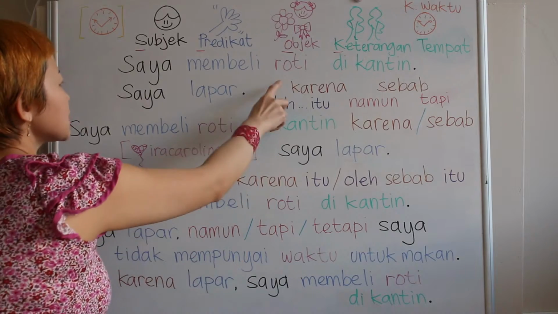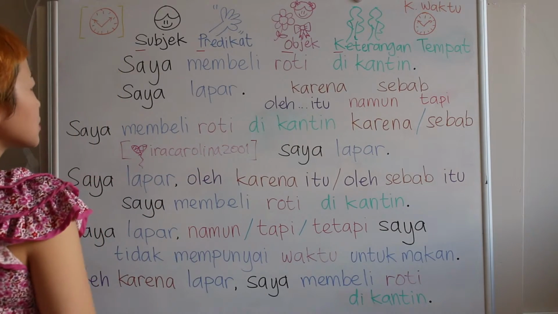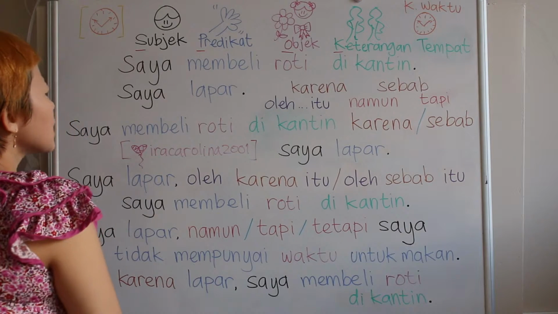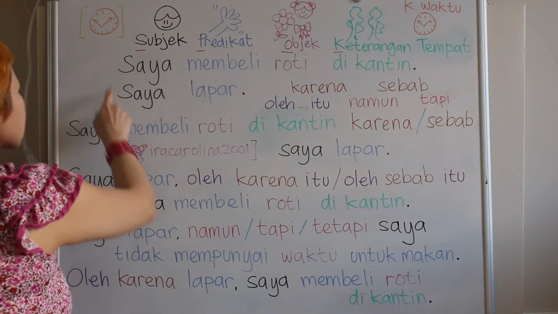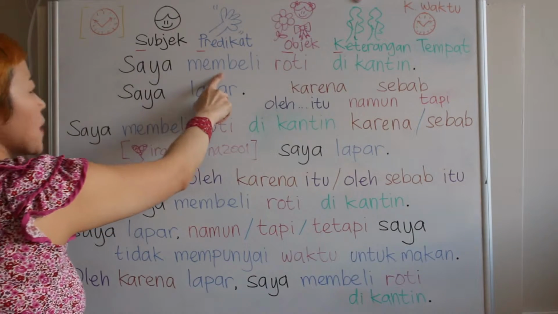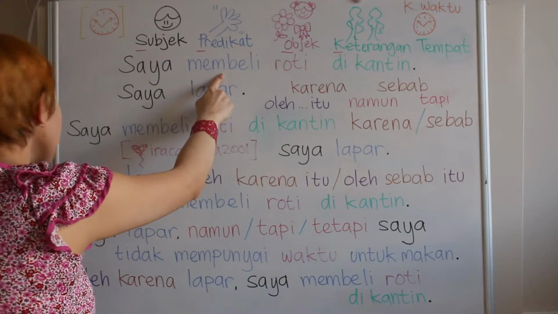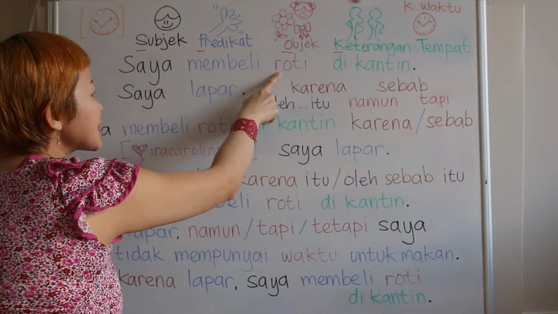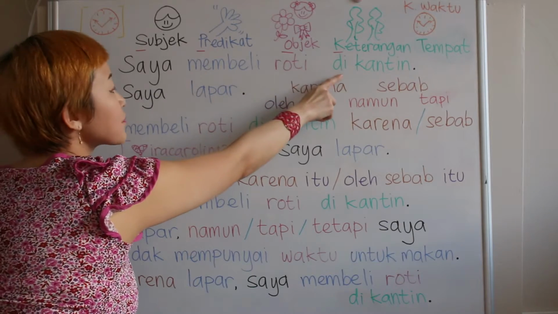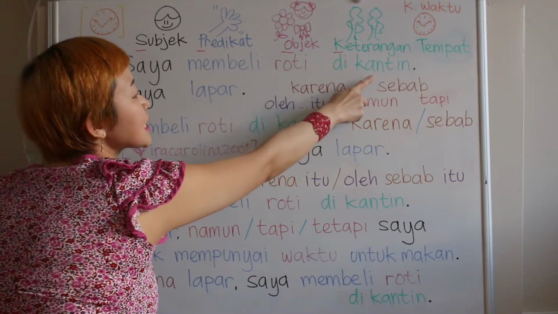For using these words, of course, we need two sentences to work with. First sentence is: Saya membeli roti di kantin. I buy bread at the canteen.